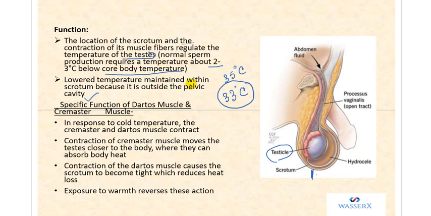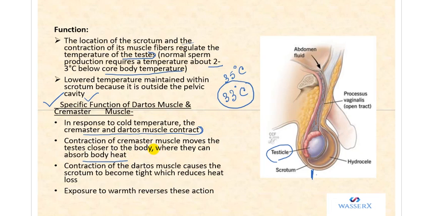Now you'll understand the specific function of the dartos and cremaster muscles. In response to cold temperature, the cremaster and dartos muscles contract. If the temperature is very low, these muscles contract, and contraction of the cremaster muscle moves the testis closer to the body where they can absorb body heat.